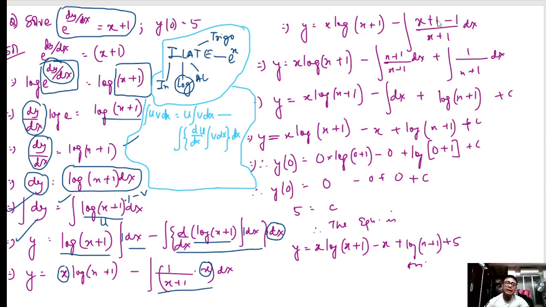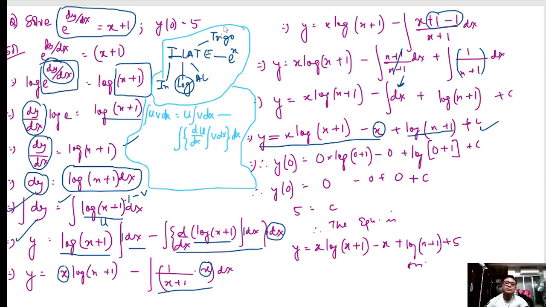Here we added plus 1 and minus 1, and now separating the terms, this cuts, this is actually dx, and this is 1 by this. So this is giving you x, and this is giving you log x plus 1 plus c. So this is our solution of the differential equation.